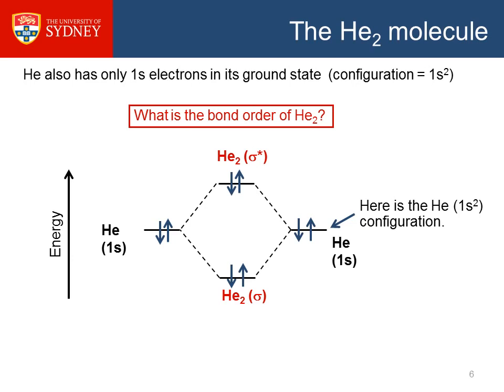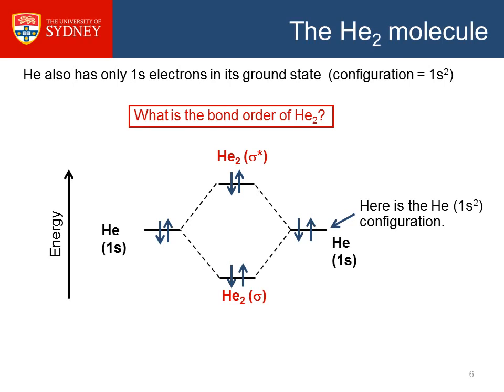The total electronic energy of the helium-2 molecule will therefore be exactly the same as that of 2 isolated helium atoms, as the destabilizing effect of the electrons in the antibonding orbital cancels out any stabilization due to the electrons in the bonding orbital.